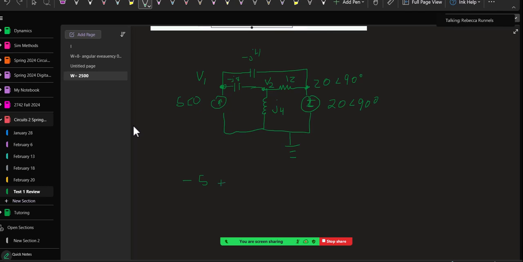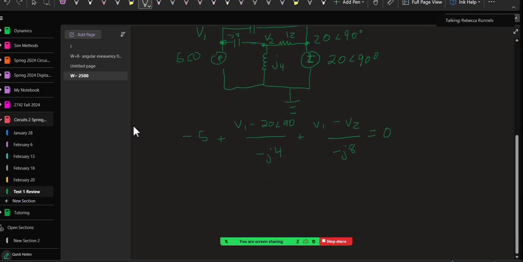So plus V1 minus 20 angle 90 over negative J4 plus V1 minus V2 over minus J8 equals 0.